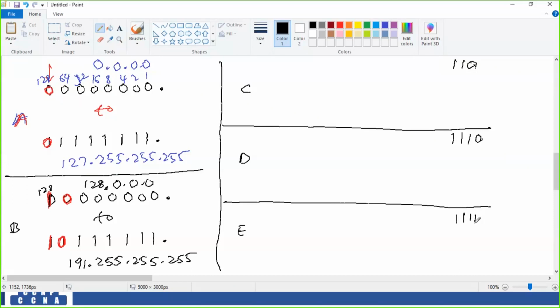Class D is 224 to 239. Class E is 240 to 255.